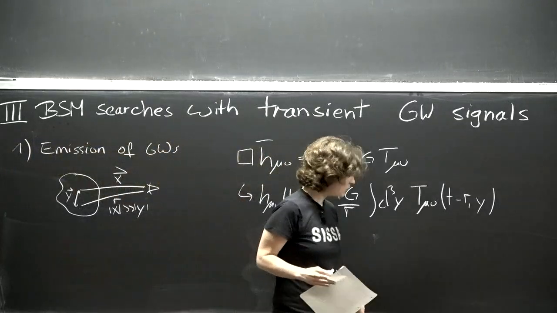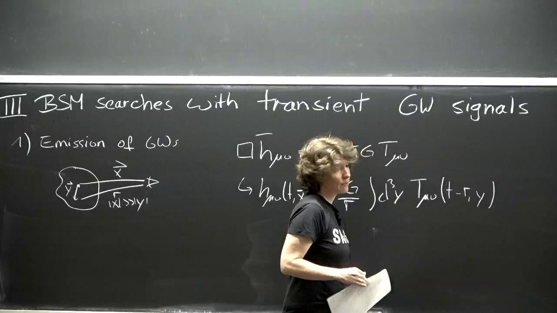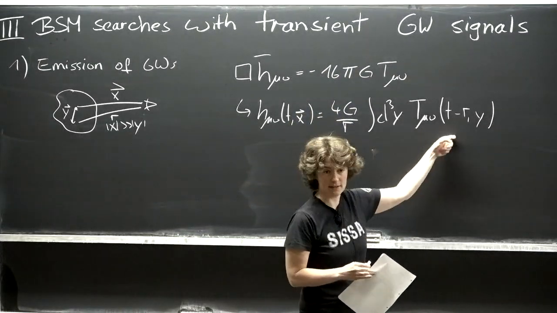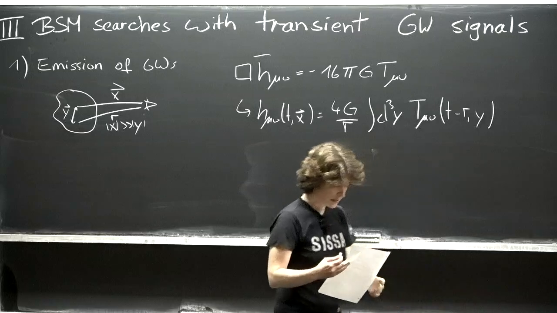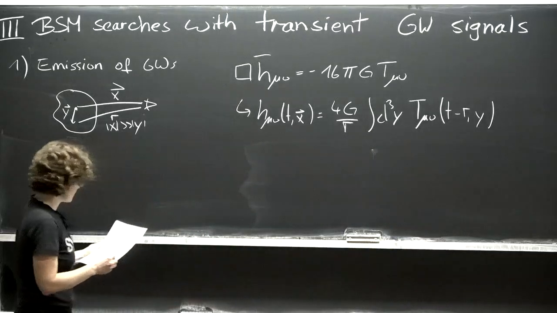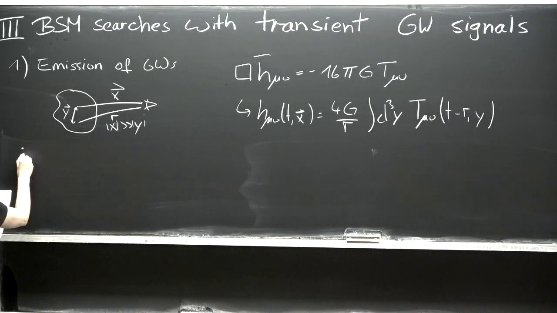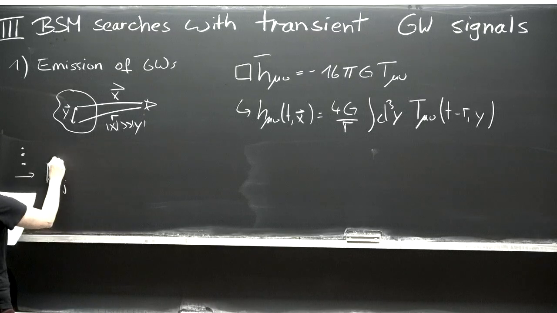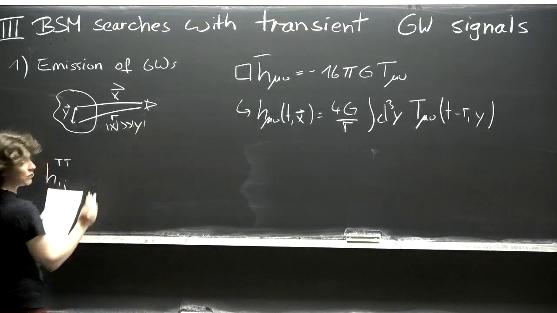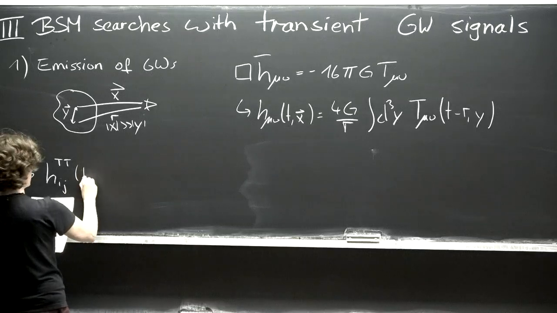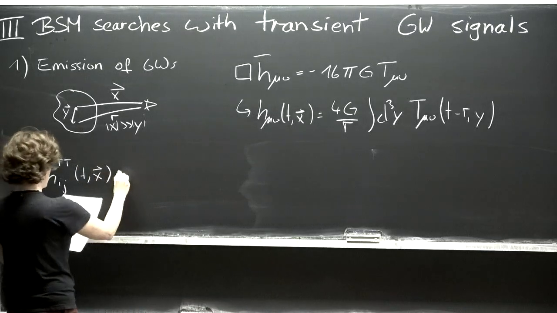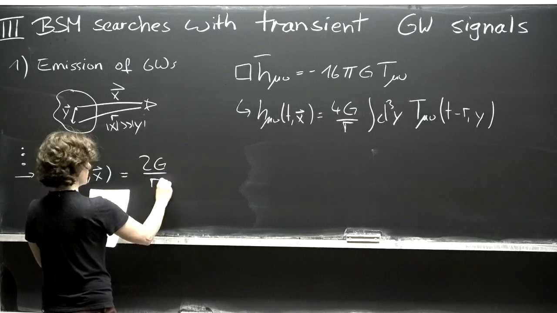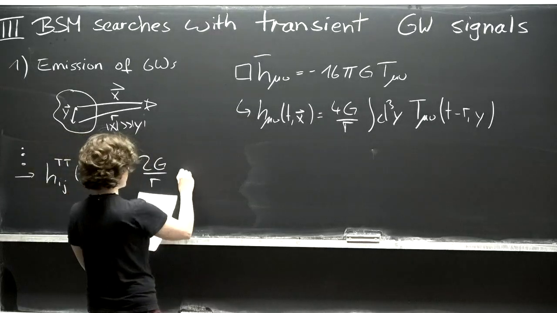Now, what you need to do is evaluate this integral. So you need to figure out what exactly is this object. And that's a step that I'm going to skip, and I'm just going to tell you the result. And the result is that in TT frame, which we can use over here, far away from the source, the gravitational wave is given by 2G over r, the distance to the source.